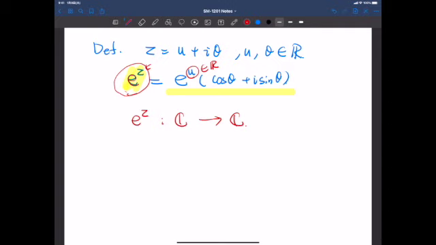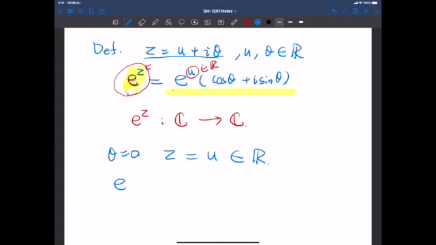But you should be a little bit worried, because is this function really consistent with the function we have defined for the real domain? We could define anything, but if it's not consistent with our previous definitions, then we are in trouble. To see this, any complex number is a real number if its imaginary part is zero, right? So if theta is zero, then z is equal to u, which is a real number.